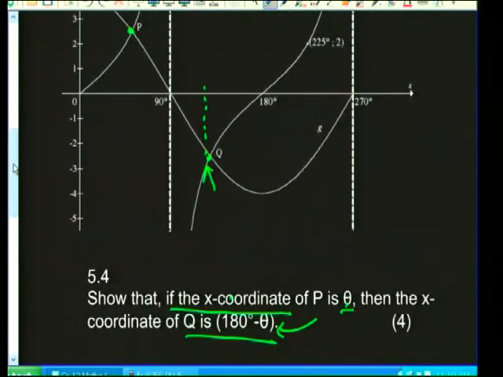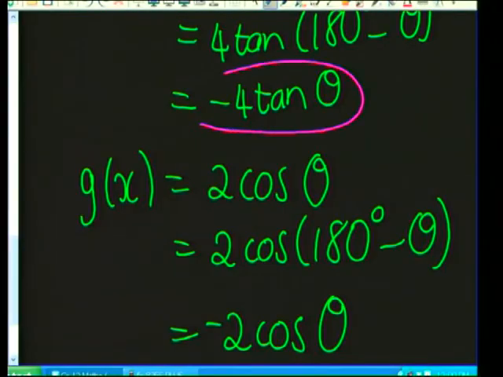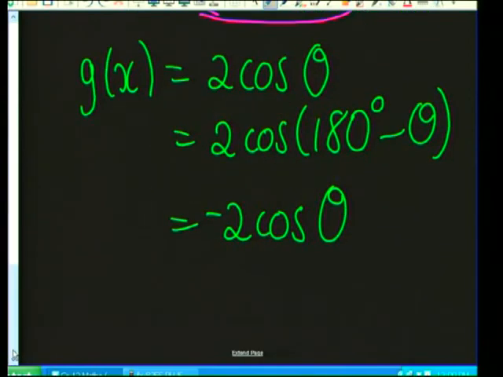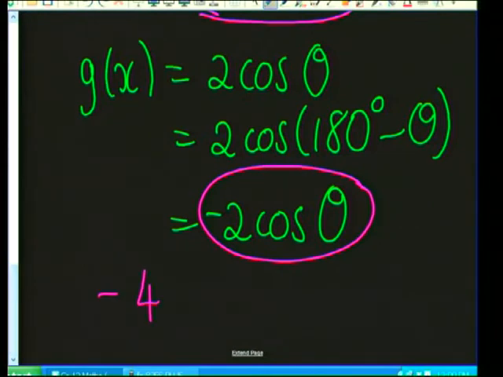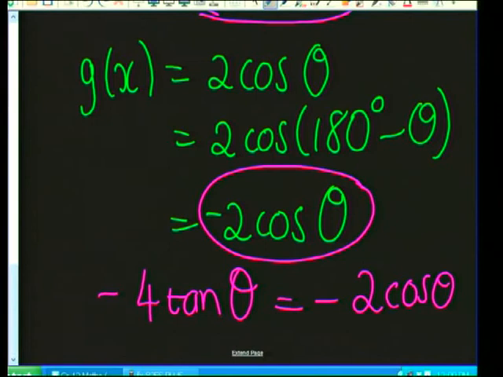Now, because we know in order to find a point of intersection, we need to make the graphs equal. So that's what we're going to do. Let me just change color so you guys see what I'm doing. We'll make this equation equal to that equation. So we have minus 4 tan theta equal to minus 2 cos theta.